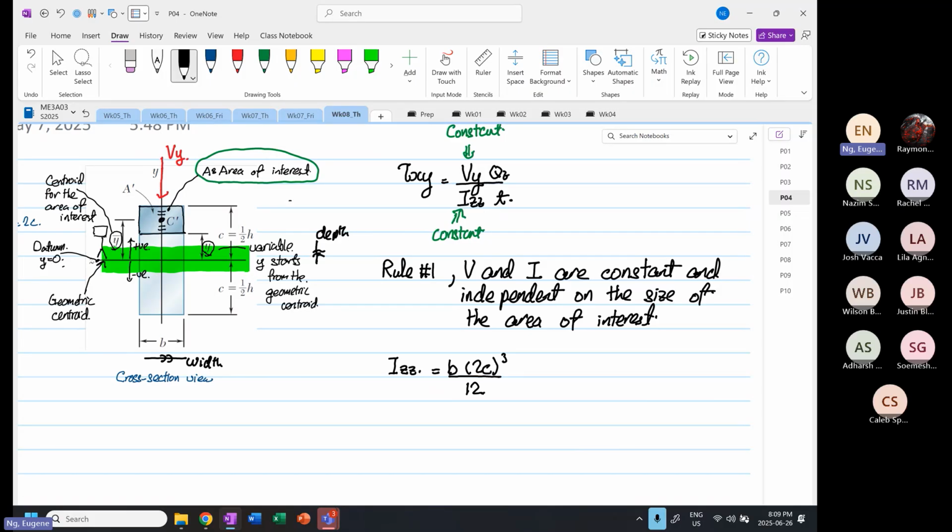So we expand the term in the bracket. B multiplied by 8C cubed over 12. So we will have 2 over 3 BC cubed. Now, the next thing that we're going to do is find our Qz.